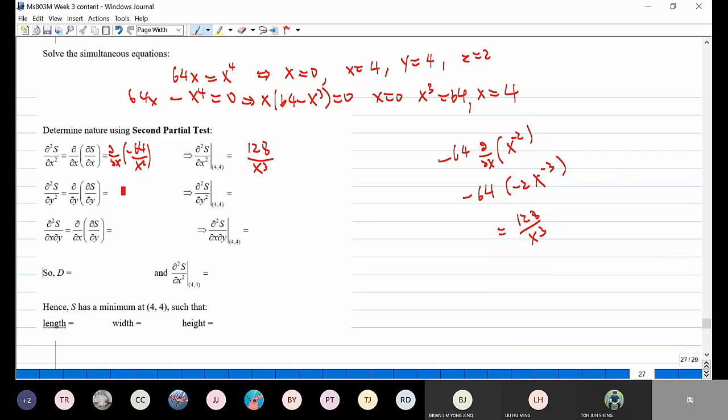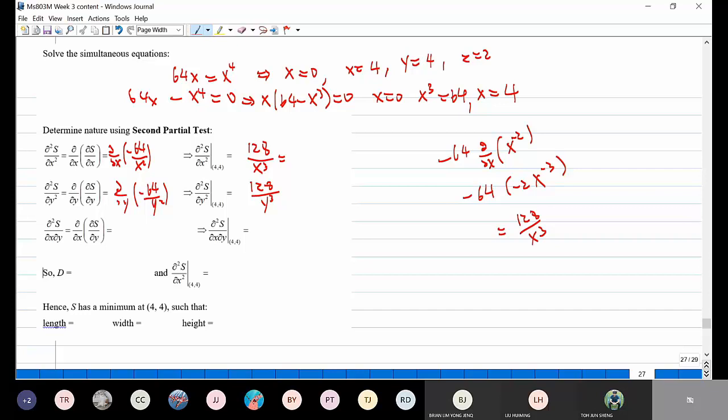It's the same thing here. Differentiating with respect to y, minus 64 over y squared, you find that it's 128 over y cubed also. So where x equal to 4 now, you press the calculator: 128 over 4 cubed.